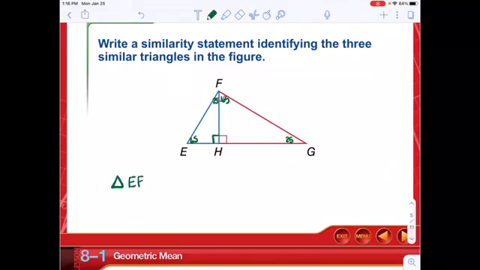So EFH is similar to triangle FGH, is similar to the whole big one, EGF. So I finish with 90 every time, the 25 degrees in my middle, and the 65 is my first one.